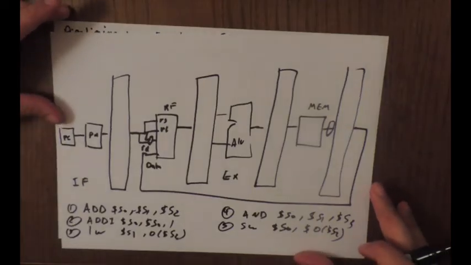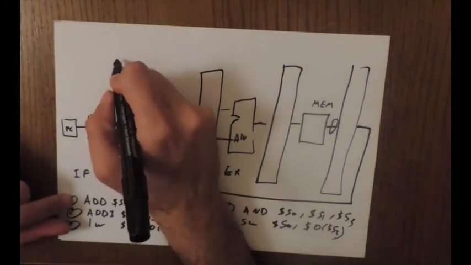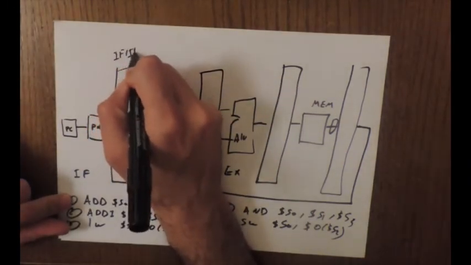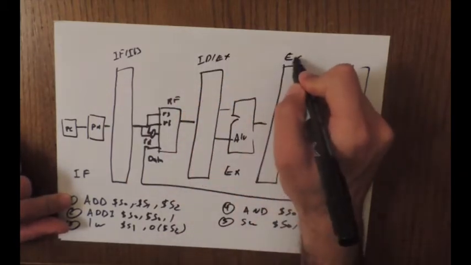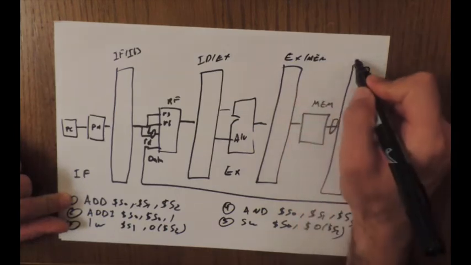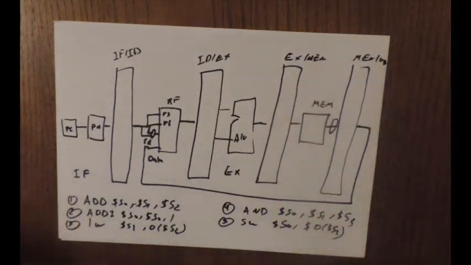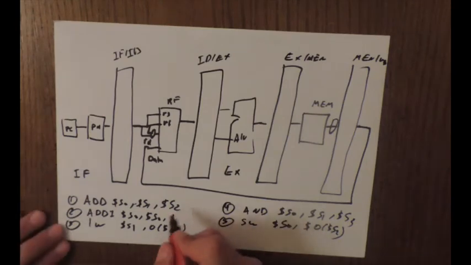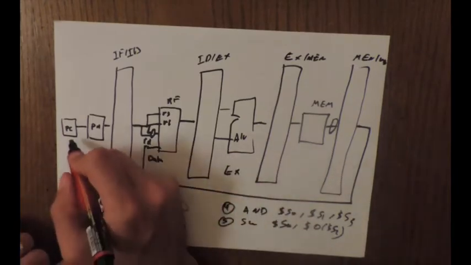So let's take an example. Now, assume we have this rough sketch of a 5-stage pipeline. We have, of course, this is IF over ID, this is ID over EX, EX over memory, and memory over write back. So let's start with the first instruction. So let's say I have instruction number 1. First it will be fetched.